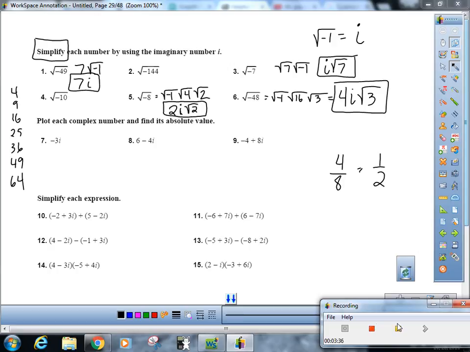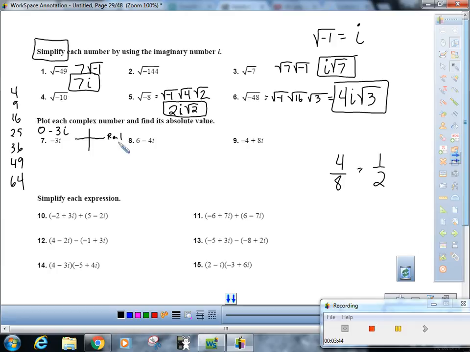Okay, so here's what you want to do. Can you rewrite this one, please, as 0 minus 3i? Now, when we plot these, this here is the real axis, and this here is the imaginary axis.